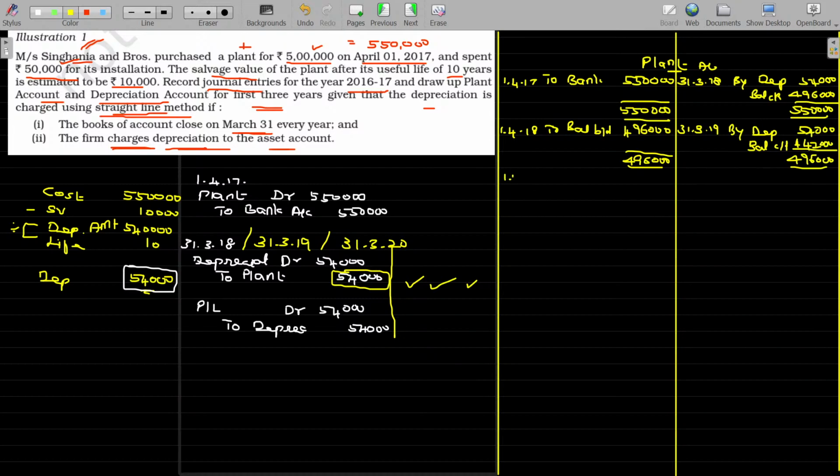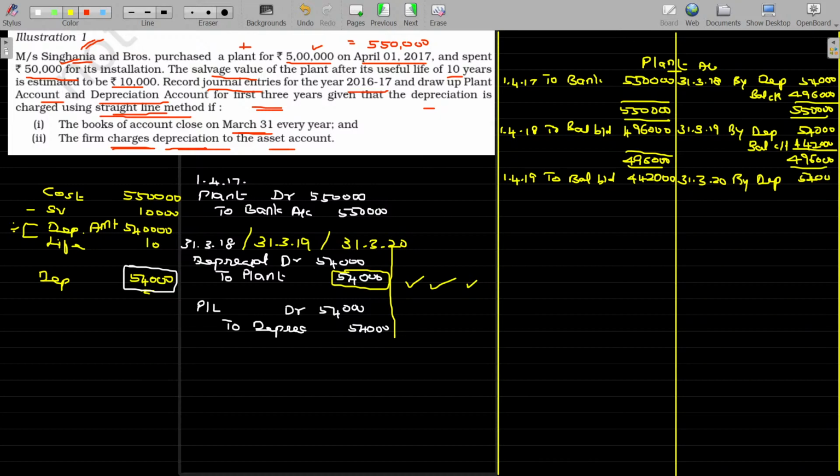On 1/4/19 I start with balance brought down, 4,42,000, at the third year beginning. By the end of third year, 31/3/20, by depreciation. The depreciation here is again 54,000 because it's the straight line method.